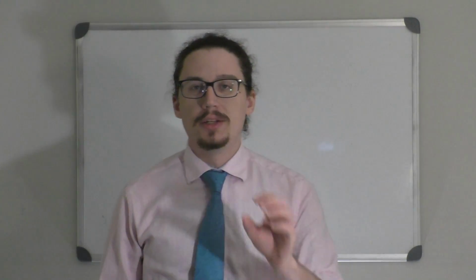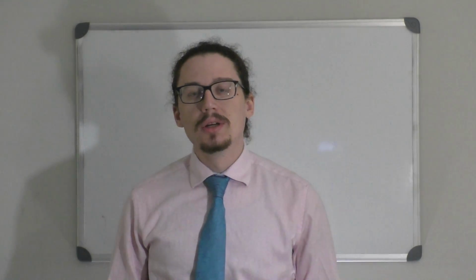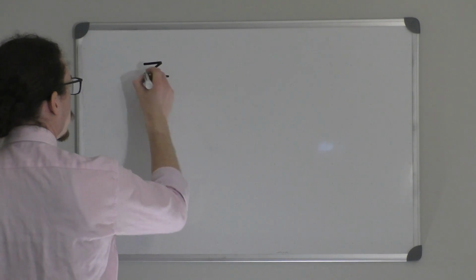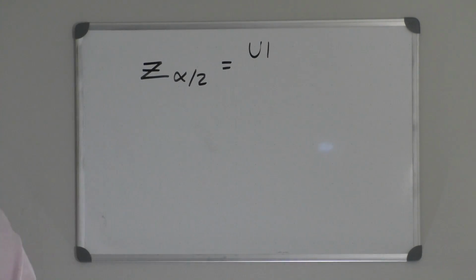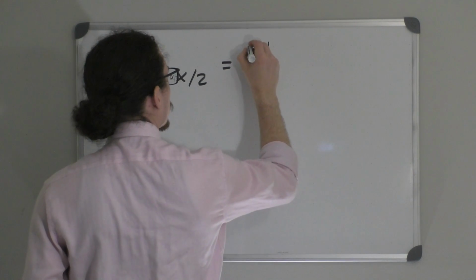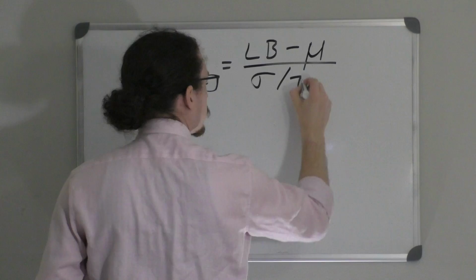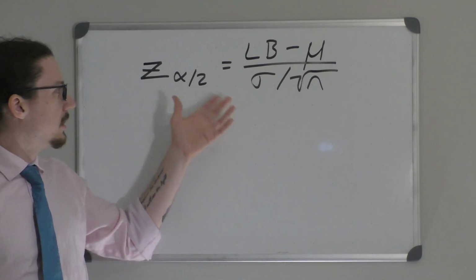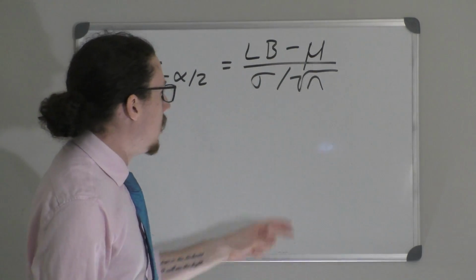Right, so again, that z alpha divided by 2 and the standardized value for our lower bound are equivalent, they are equal. So this is the formula, right? These are equivalent.